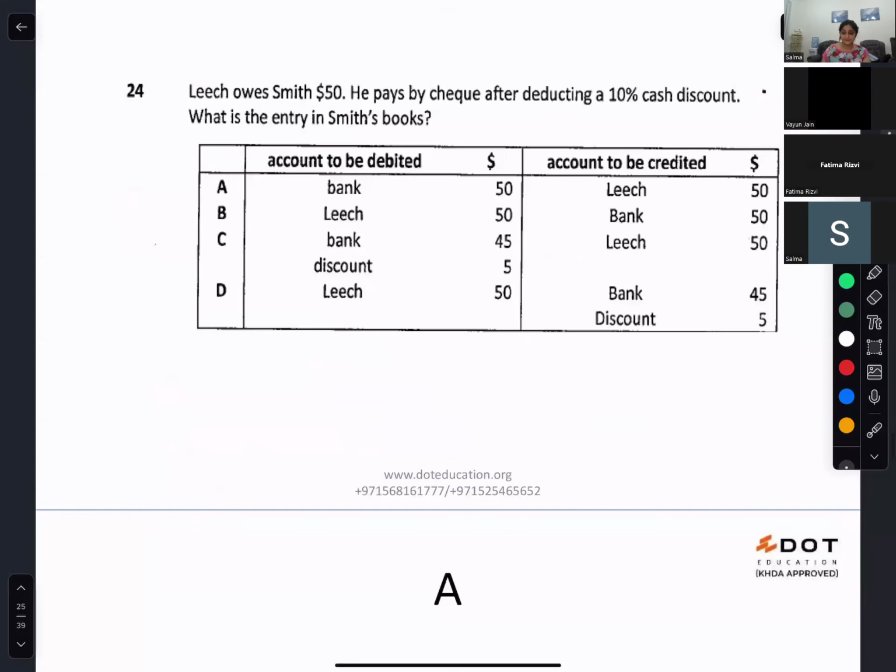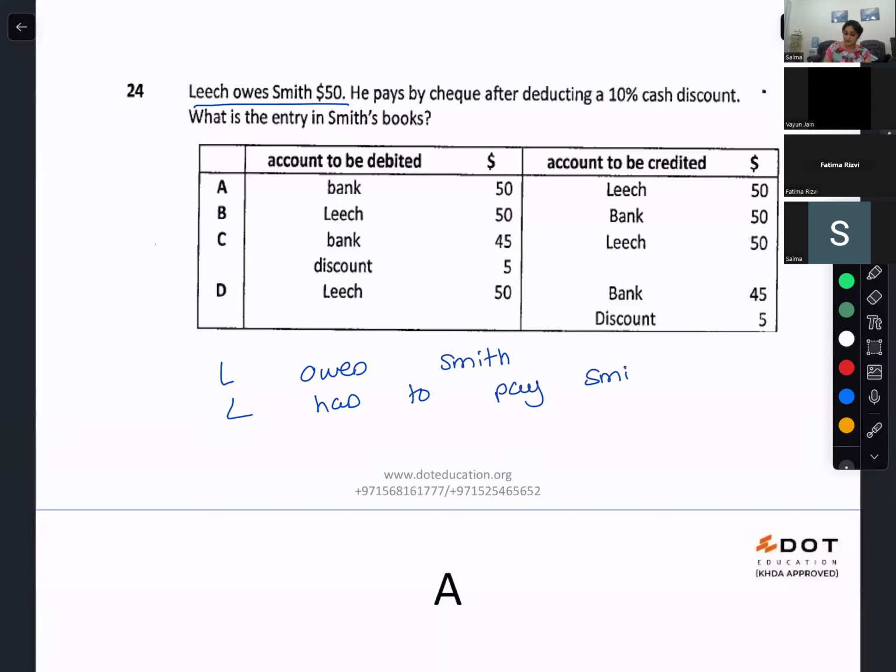Fatima, Leach owes Smith $50. What does this mean? Leach purchased something from Smith, and he has yet to pay. Okay, fine.